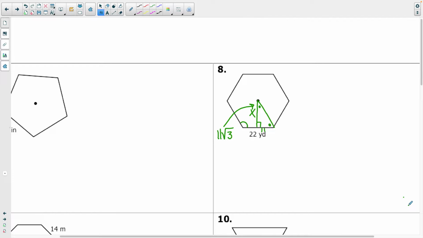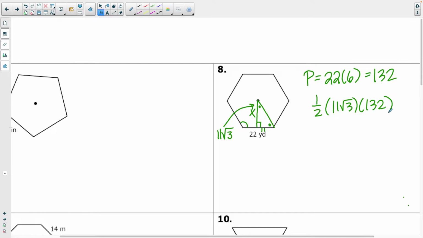All right. So the perimeter is 22 times 6. How'd you get 6? Because it has 6 sides. So that's 132. Then 1/2 apothem times perimeter.